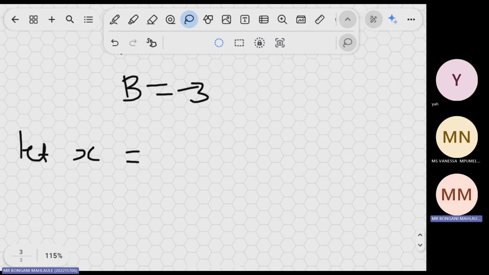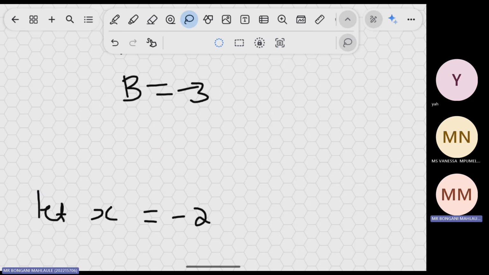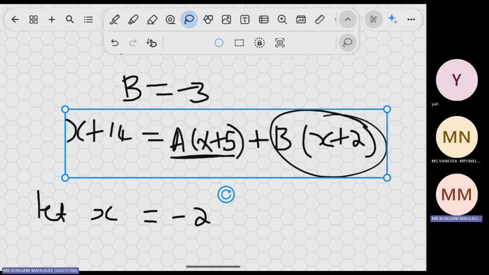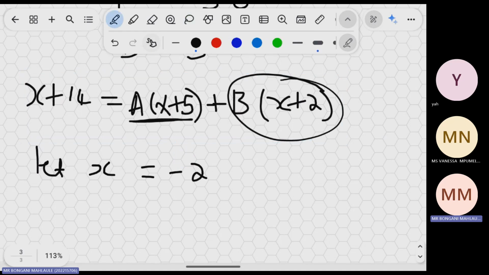What we're going to have on the left, we'll have 12.